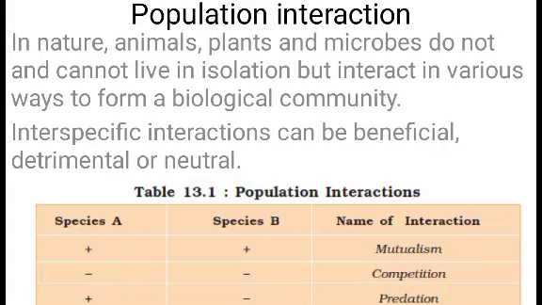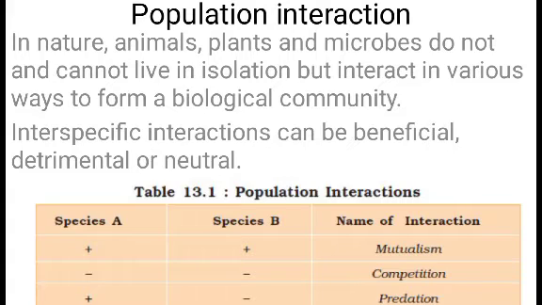Okay, so interspecific interaction means what? Here two species will be interacting with each other. So the result of this interaction can be beneficial. Beneficial means both may get benefit from each other, or it can be detrimental. Detrimental means it can be harmed. It may be affected, or it can be neutral.